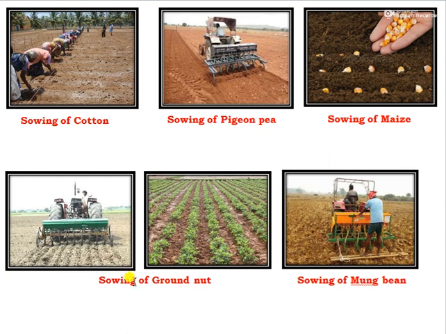The sowing of groundnut is with the help of a tractor mounted or operated seed drill. Then the ridges and furrow method and also BBF, that is broad bed furrow, is recommended for sowing of groundnut. The sowing of mung bean is done with the help of a tractor operated seed drill machine.